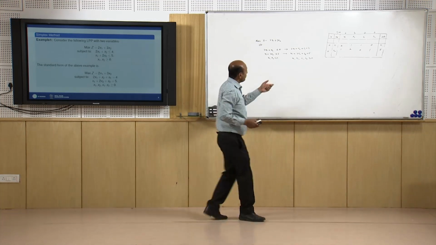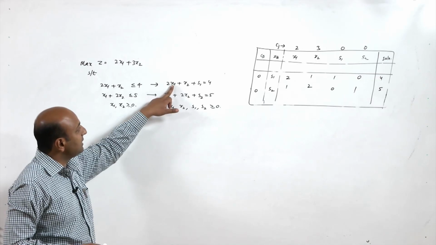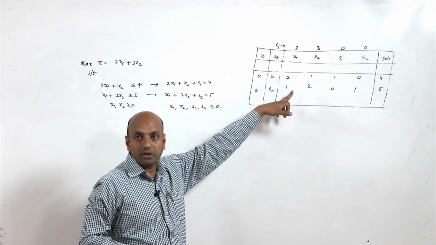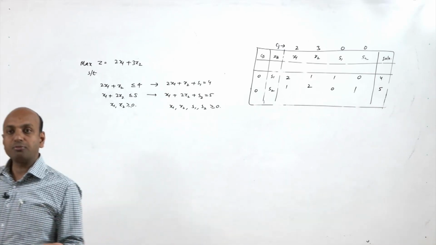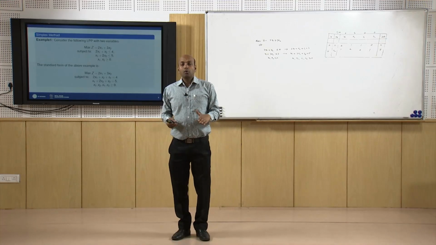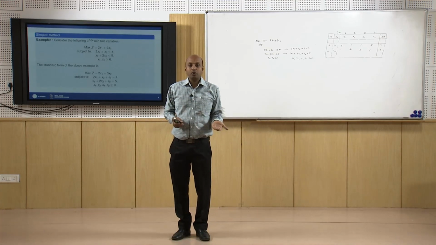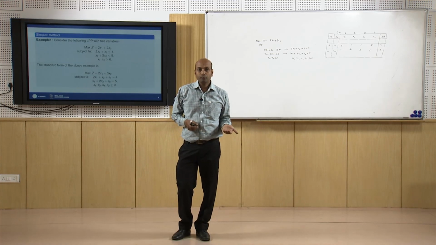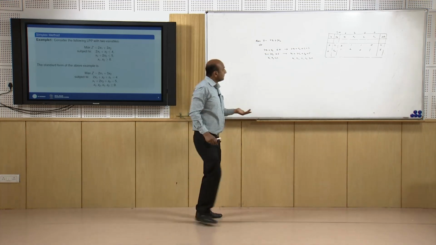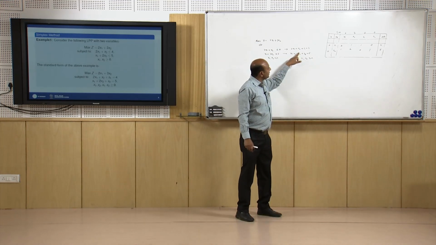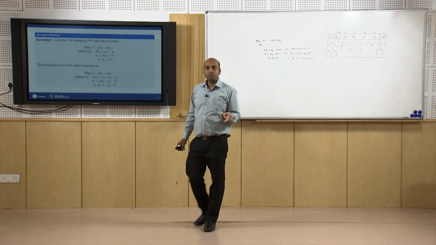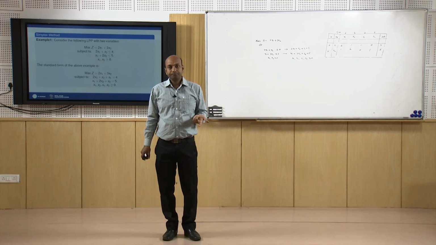Suppose x1 is 0 here, and you change x1 from 0 to 1. What will be the change in the value of z? That is the relative profit. Similarly, if you change x2 from 0 to 1, what will be the corresponding change in the value of z?